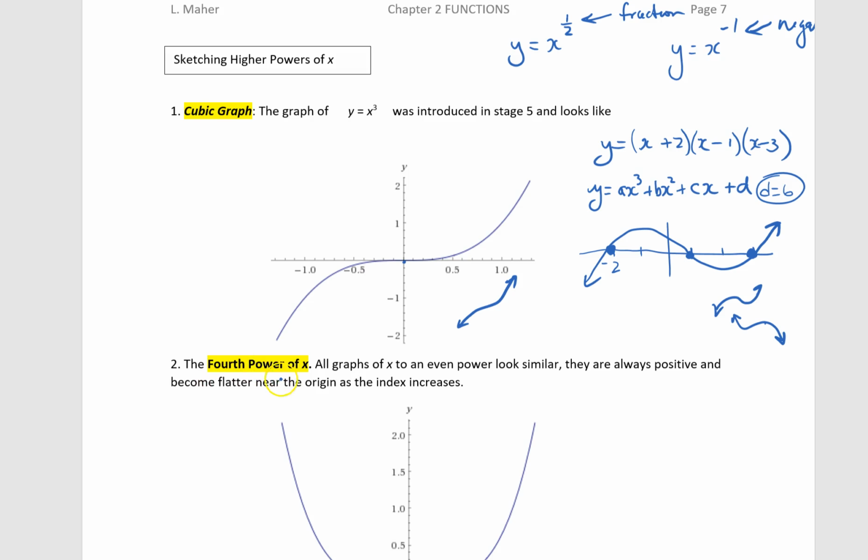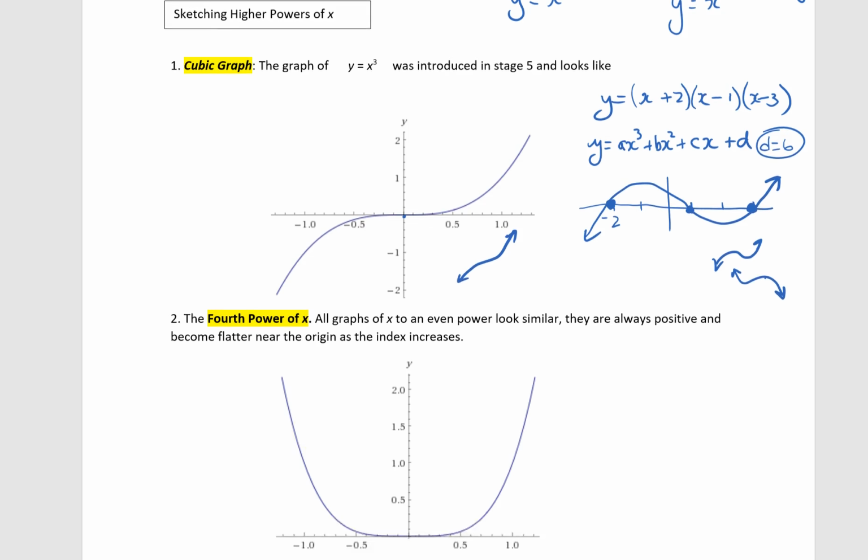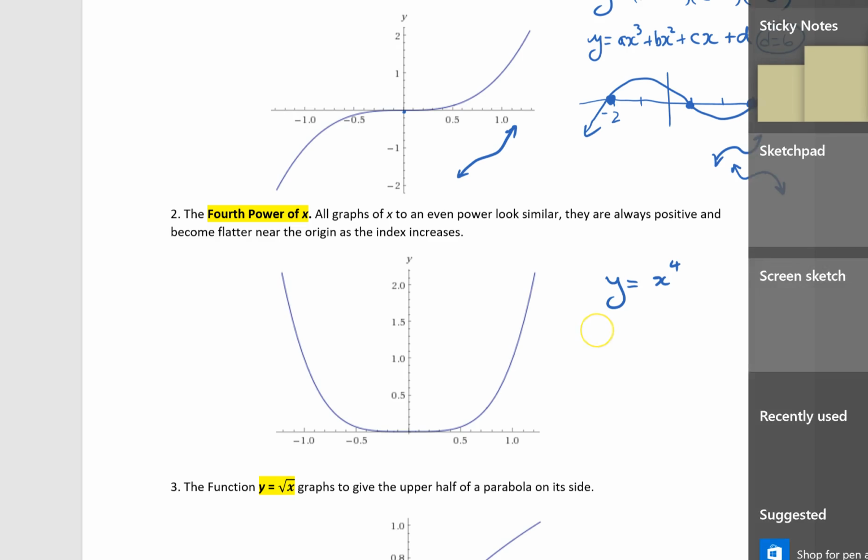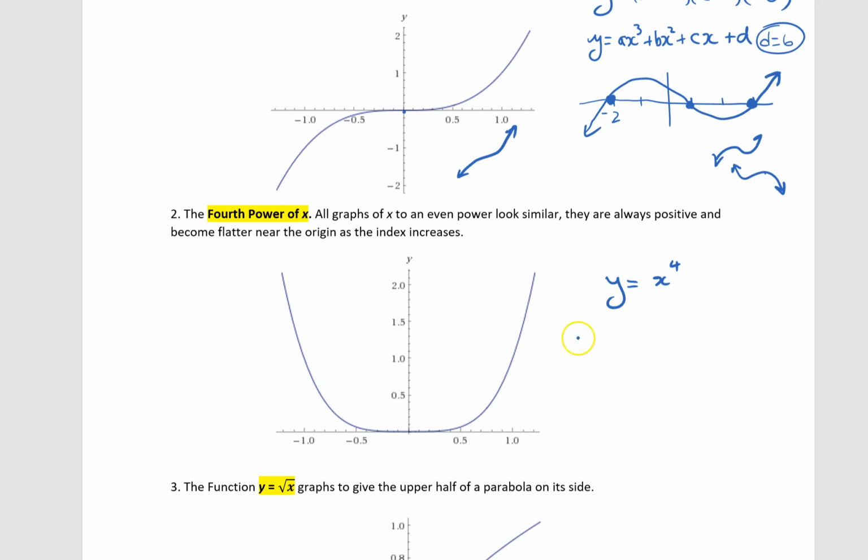The 4th power of x is interesting also. If you've simply got the 4th power of x and little else going on, so for example, straight out y is equal to x to the 4th and no other terms, I guess the general form would be y is ax to the 4th plus bx cubed plus cx squared plus dx plus then a constant.